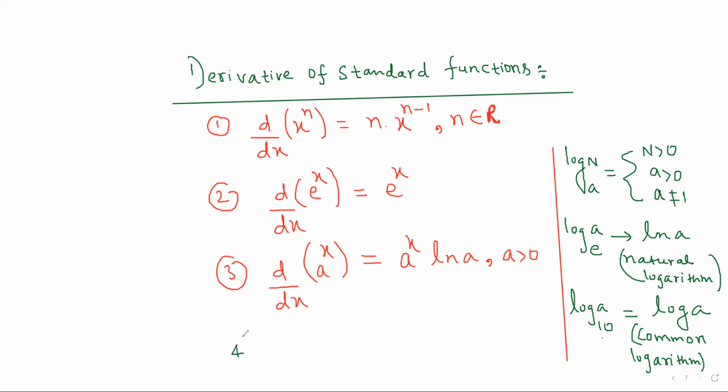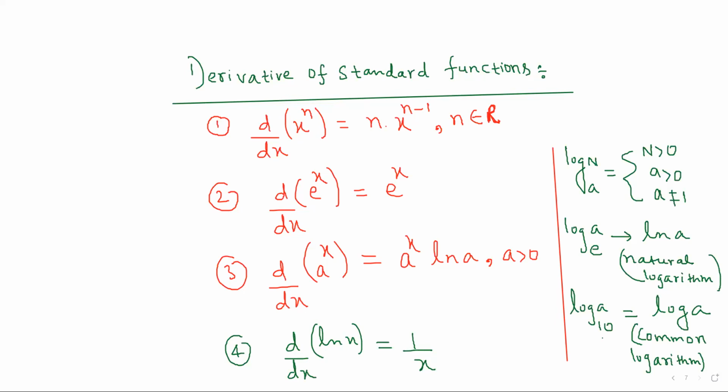Formula number 4, beta: differentiation of ln x with respect to x is equal to 1 by x. So differentiation of ln x with respect to x is equal to 1 by x.